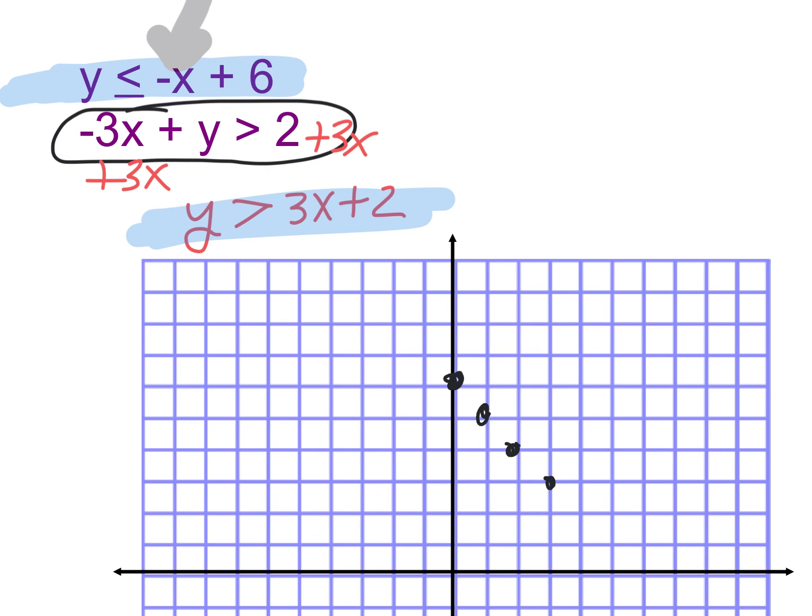That's what that one should look like. And then you got to decide solid or dotted line, shade above it or below it. Man, there's a lot to these problems. Pause for a second and give this a try.